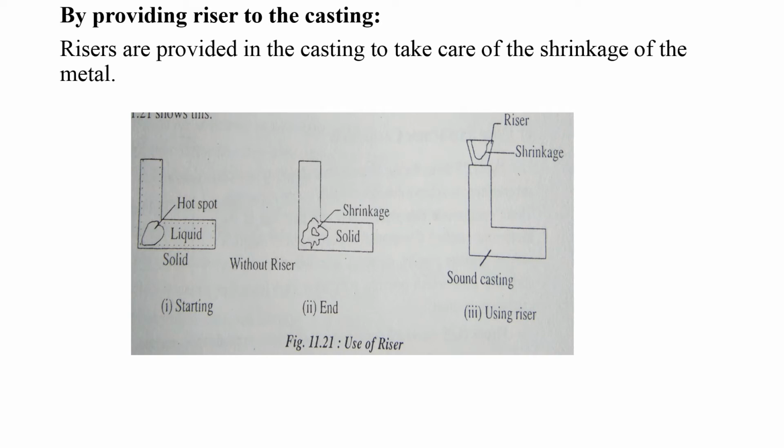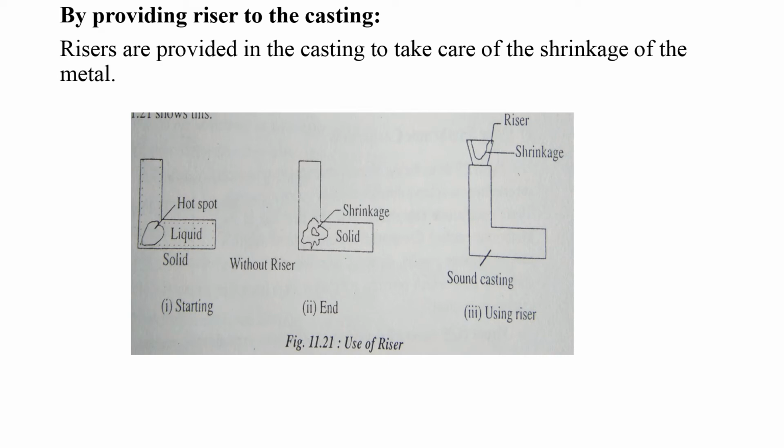Defects will occur in the first and second without a riser, where the hot spot is. Here, using the riser properly, there is no defect in the component. Risers are provided in the casting to take care of shrinkage of the metal, so there is no defect in this component.